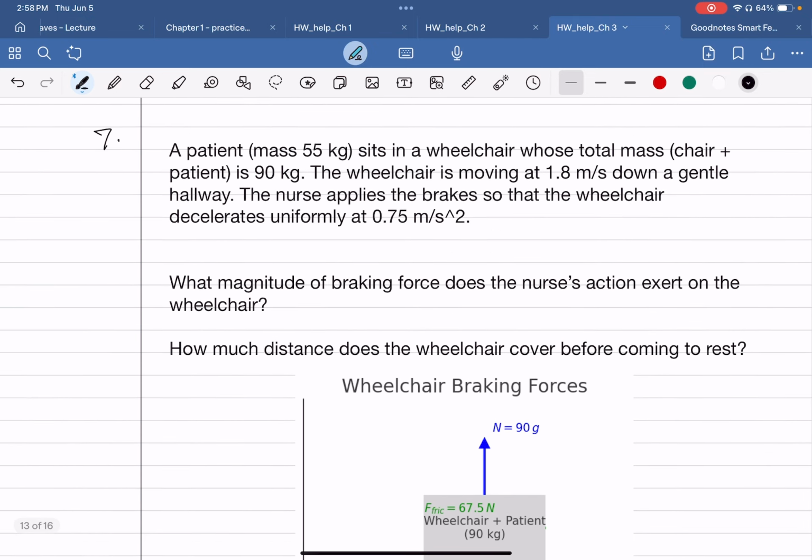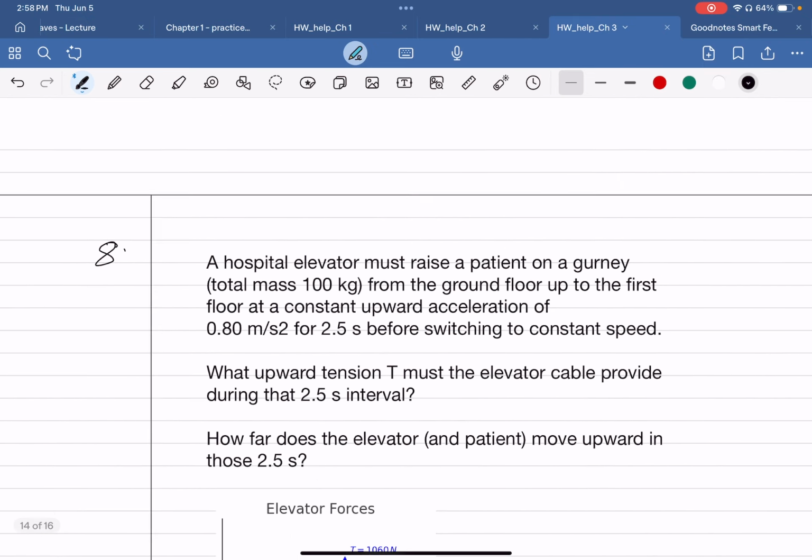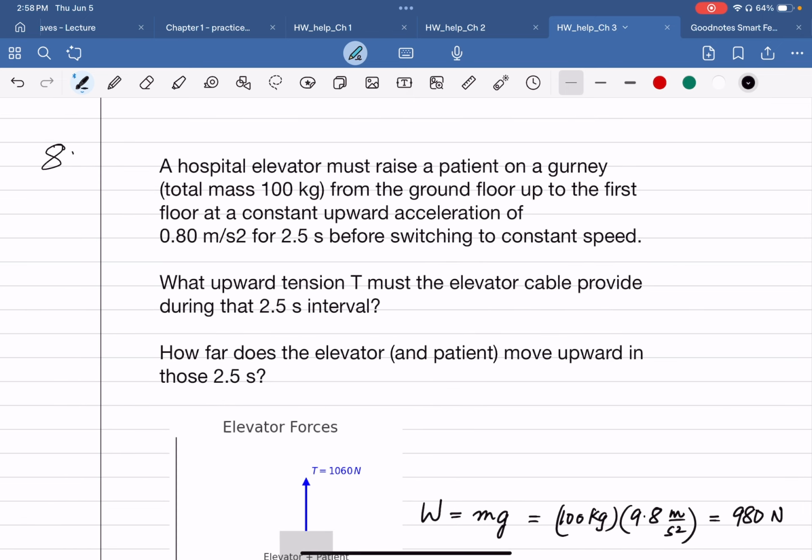Okay, now we go to number 8. A hospital elevator must raise a patient on a gurney. The total mass is 100 kilograms, from the ground floor to the first floor at a constant upward acceleration of 0.80. So that's the acceleration, for 2.5 seconds. That's the time.